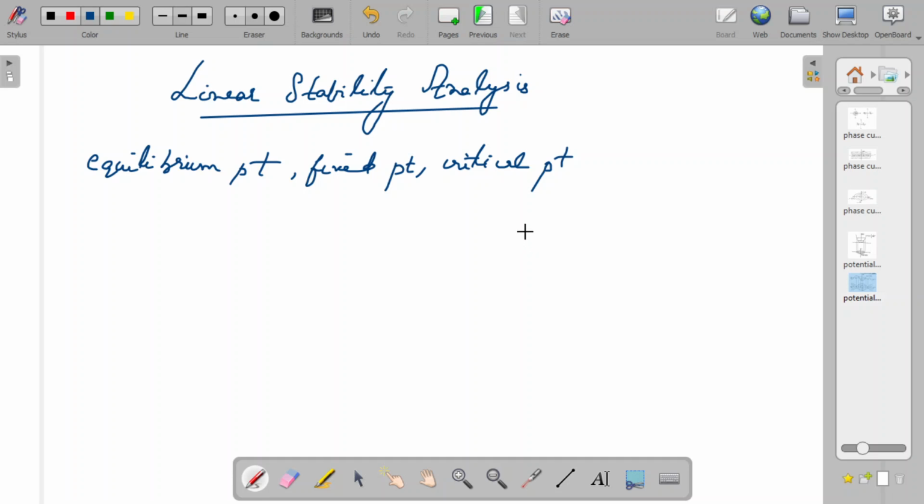You consider a potential drawn like this. Now you can say that I have a ball here.